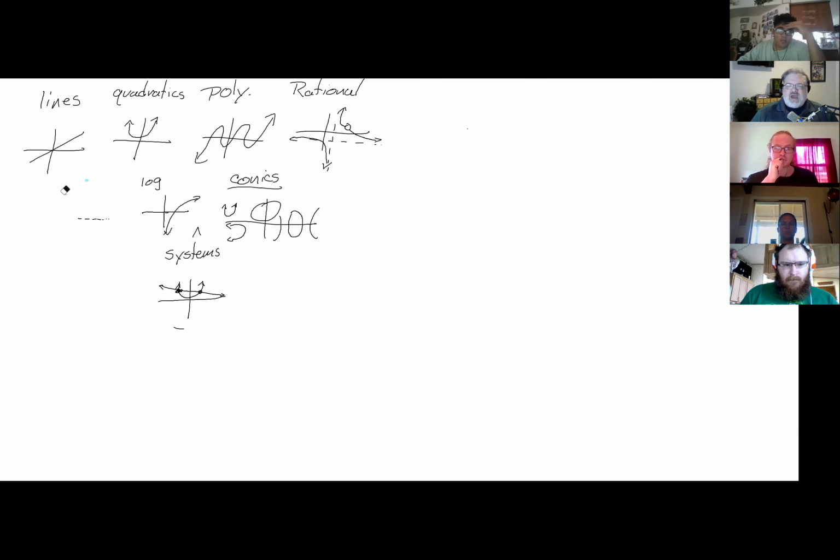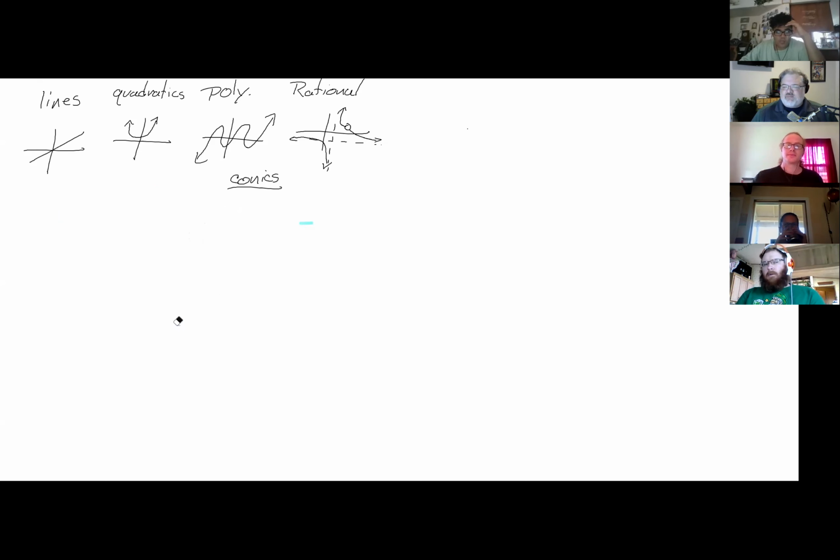When we back up a bit and talk about linear functions, when we talk about lines, one of the things that makes lines nice is the fact that they behave in a very stable way. What makes them a nice straight line is that they've got that constant rate of growth.